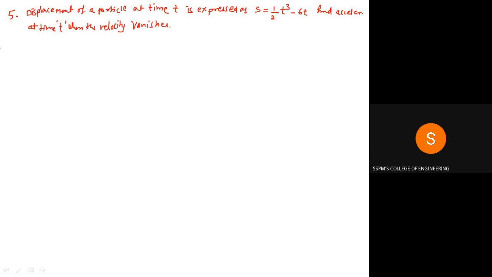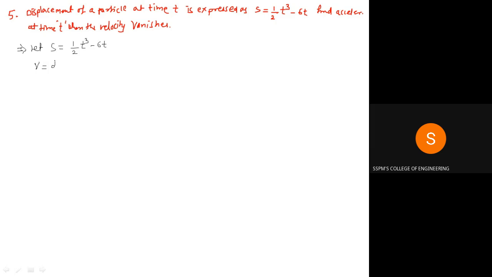And how do we get that velocity? Let the displacement s be half times t cube minus 60. Differentiating s with respect to t, the first derivative is called velocity.